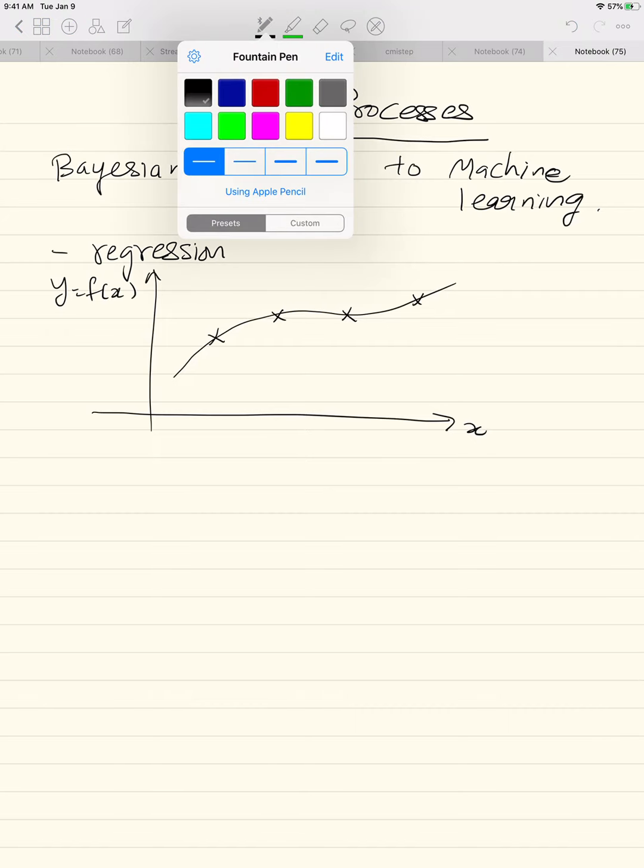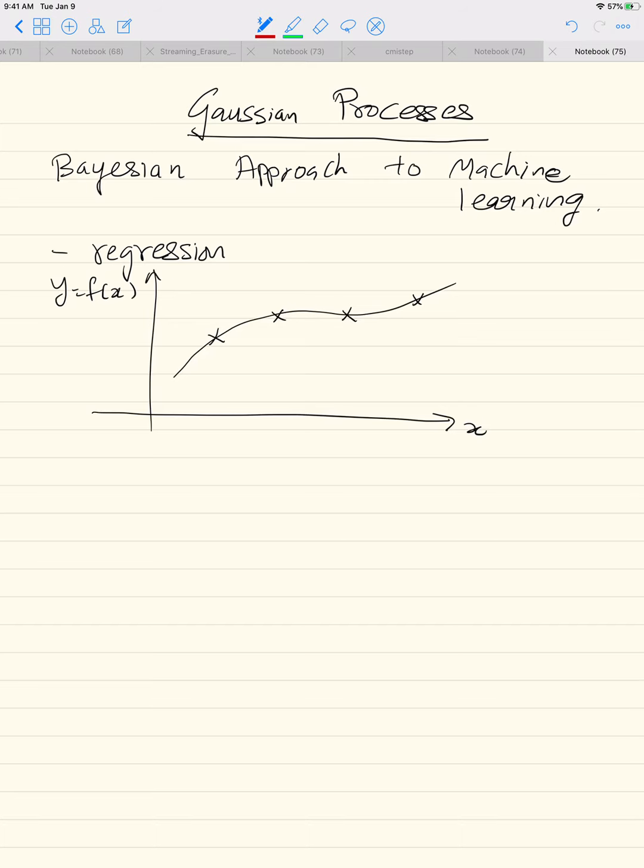Now what we want to do is provide some confidence level for each. If we get a new query point, we want to provide a prediction of what y is as well as some confidence levels.